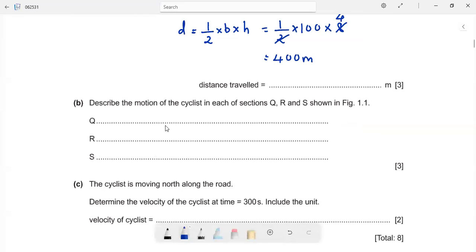So we can write the answer: Q is accelerating, R is constant speed, S is decelerating.